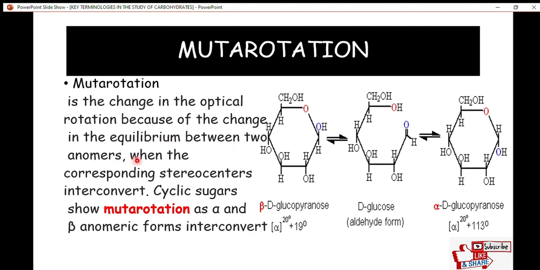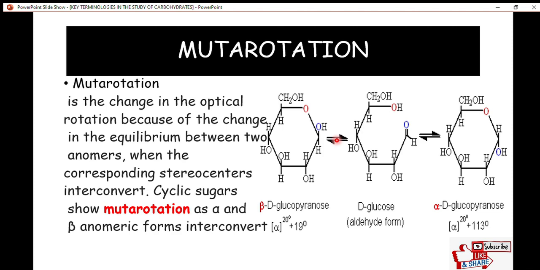So we have the alpha anomer and the beta anomer, as I said earlier in the previous slide. When you check this molecule, it's in the same direction as the carbon 6, so it's a beta D glucopyranose.